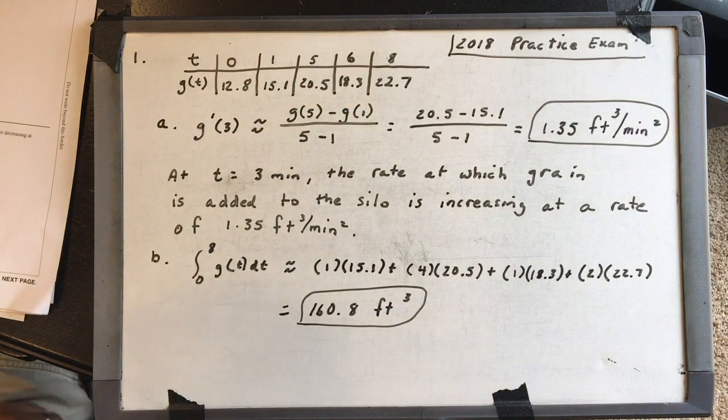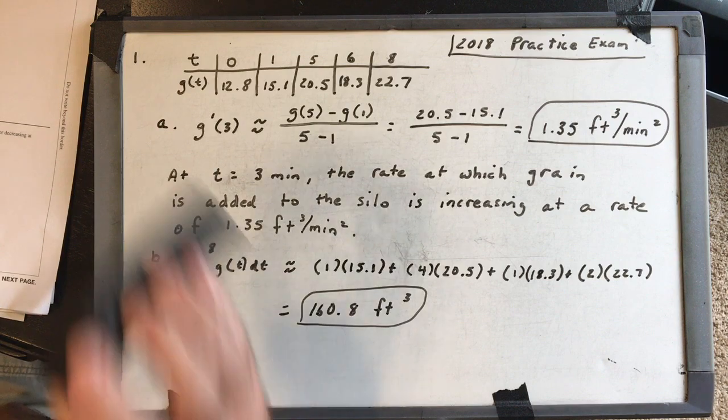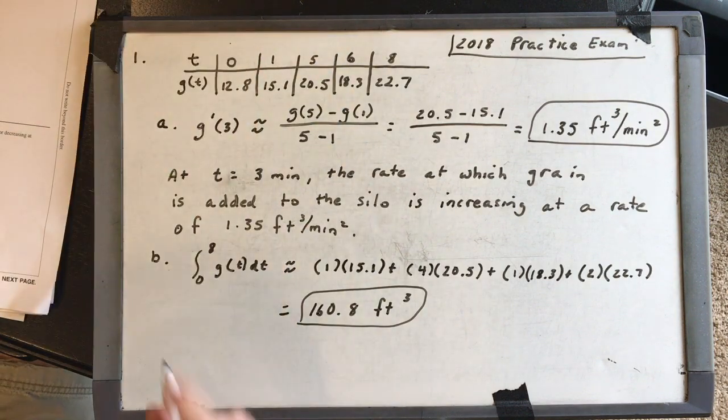Now part C, I do not think is going to be on the test, but I do want to go over it just a second because it relates to part D, and I think something on part D could be on the test. So let's see if I can fit part C down in here.